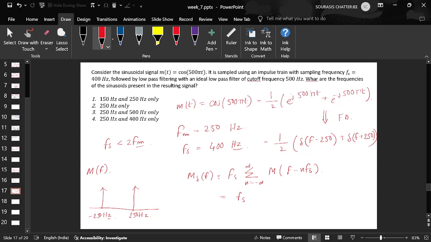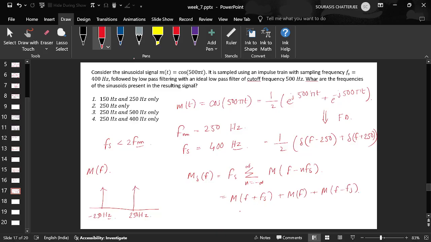We ignore the scaling term here. Like before, I will write only three terms here: M(f plus fs), M(f) only, and M(f minus fs).